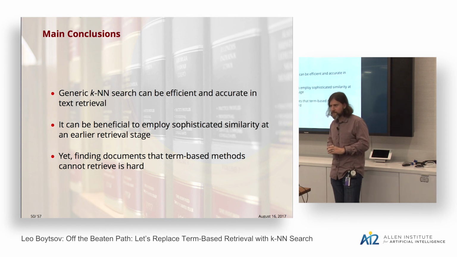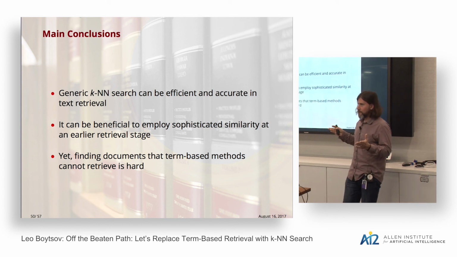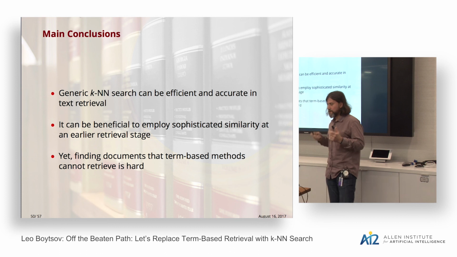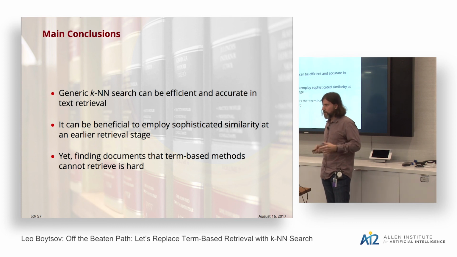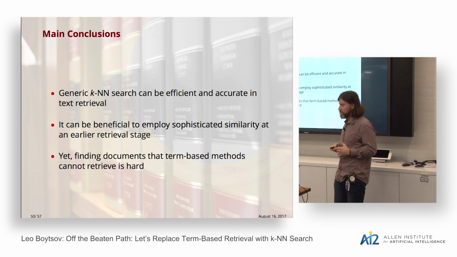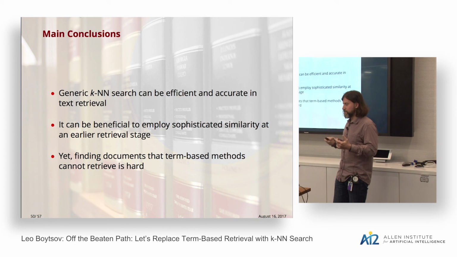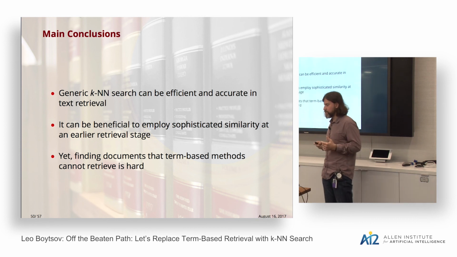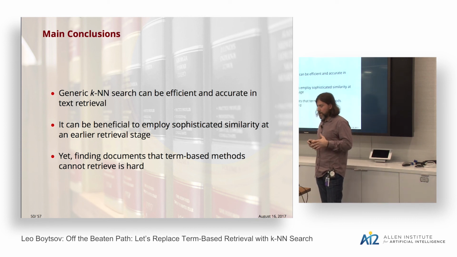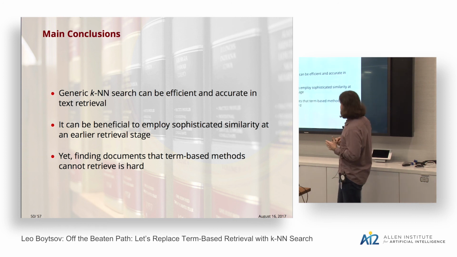Okay, jumping right into the conclusions. Based on these experiments, I make three conclusions. First, generic KNN search can be reasonably efficient and accurate in ad hoc retrieval tasks. Second, I think it supports the idea that it can be beneficial to take some ranking stage signals and incorporate them into a retrieval, candidate generation module. But there is also a negative result, which I didn't discuss in detail.